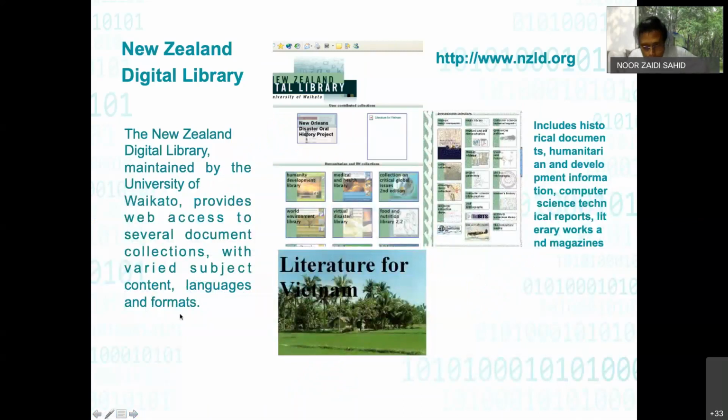Okay, this is just the example of New Zealand Digital Library. New Zealand Digital Library is actually a project by students.